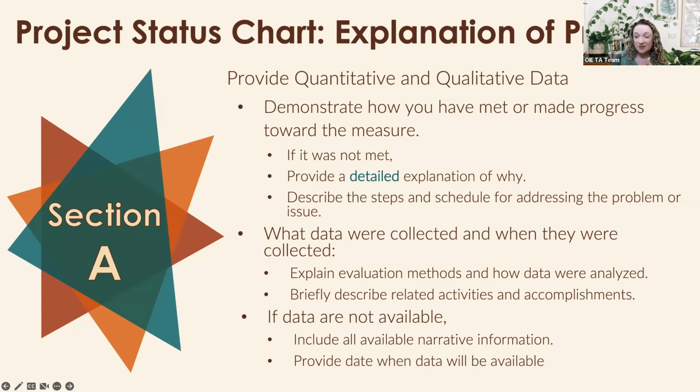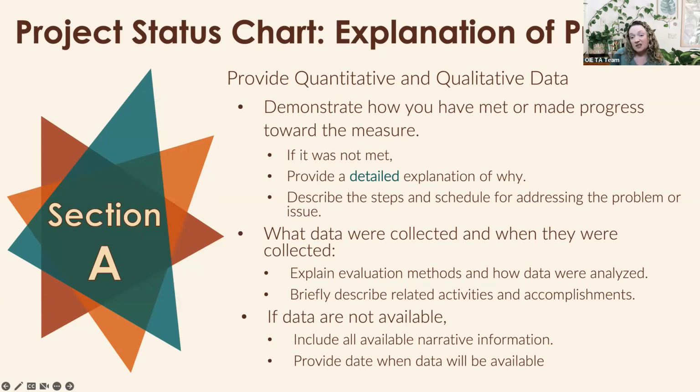A robust explanation of progress is always going to paint more of a picture for your reader and your reviewer than the quantitative. The quantitative is great, but it's just a flat number. That explanation of progress allows you to provide all that context to that number, and it's really, really important.